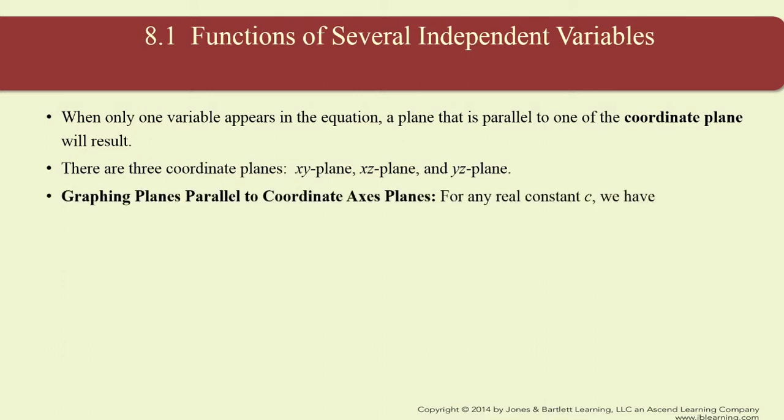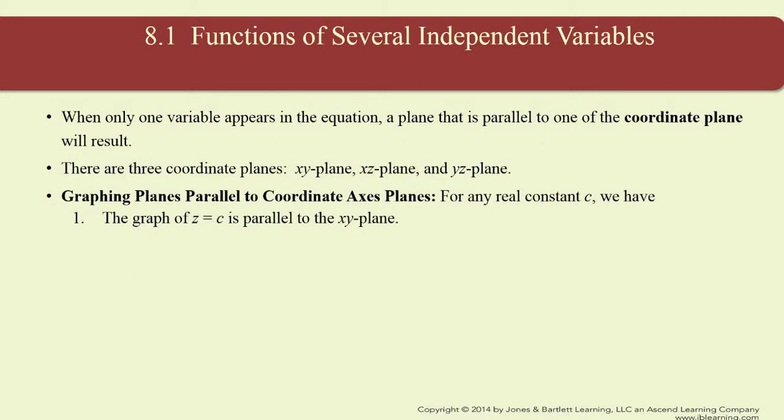When we graph planes that are parallel to these coordinate planes, you're going to get the following scenarios. The graph of z equals c, c is any number, folks, is going to be parallel to the xy plane.